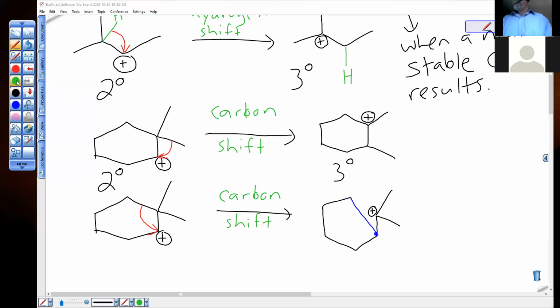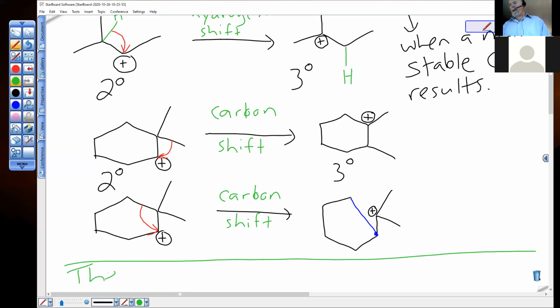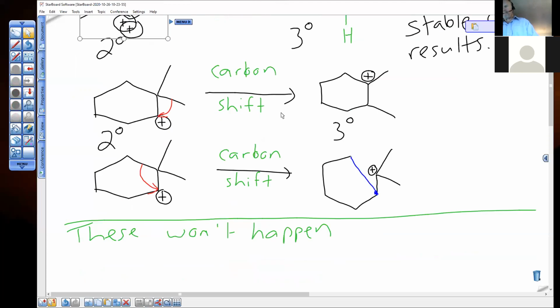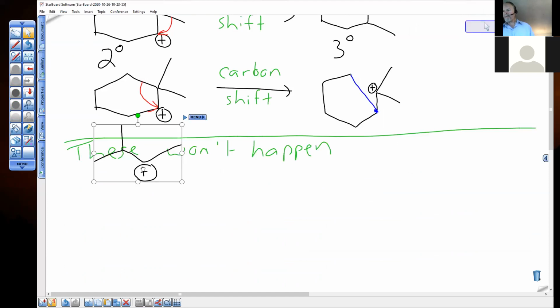And at this point, let's illustrate some things that won't happen. I'm going to take my first carbocation right here and try a carbon shift on it. And I'm going to tell you why it won't happen.